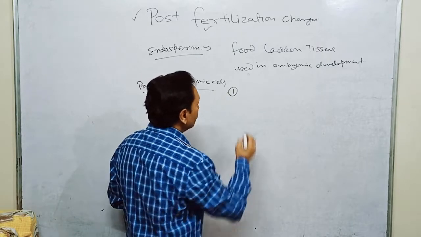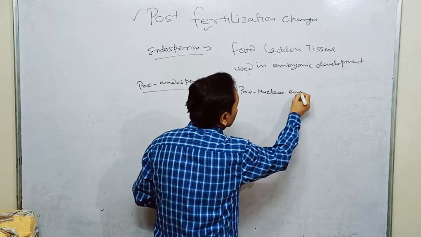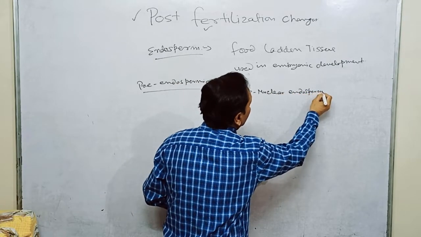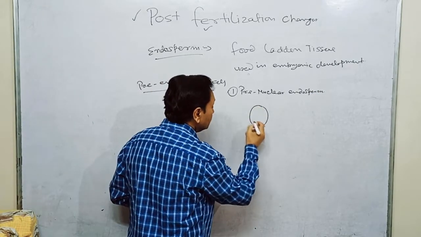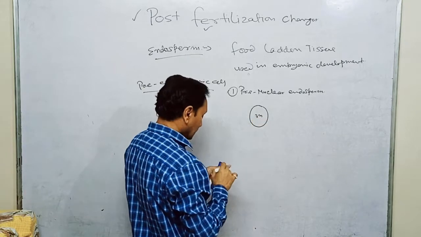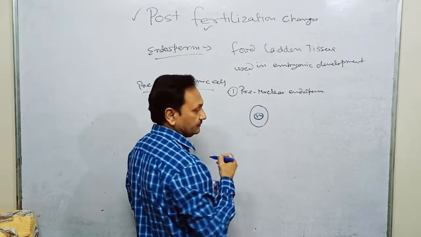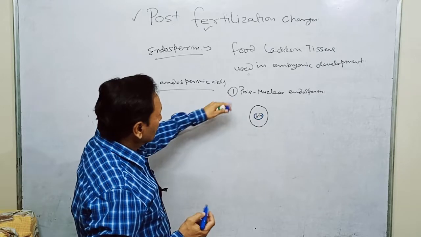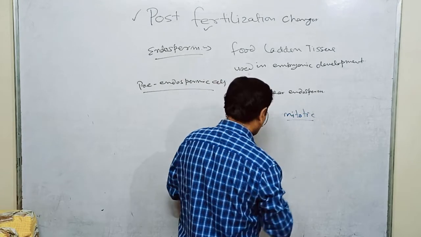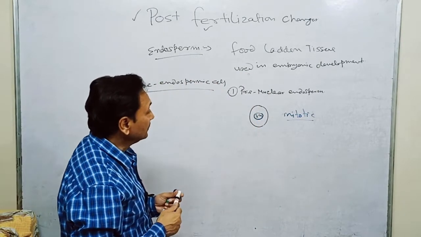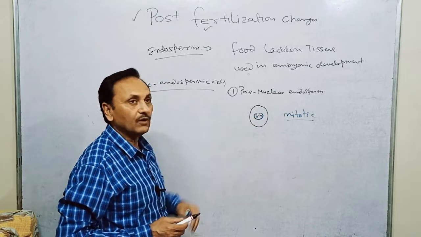Number 1 is the free-nuclear endosperm. It has been observed that in the 3N condition cell, the nucleus divides by mitotic division. Normally, each karyokinesis is followed by cytokinesis and the cell wall is formed.